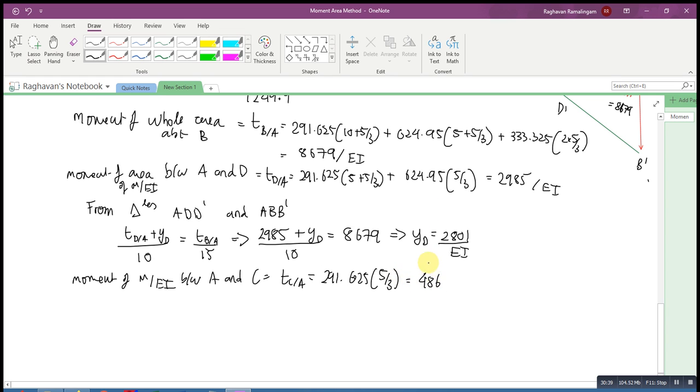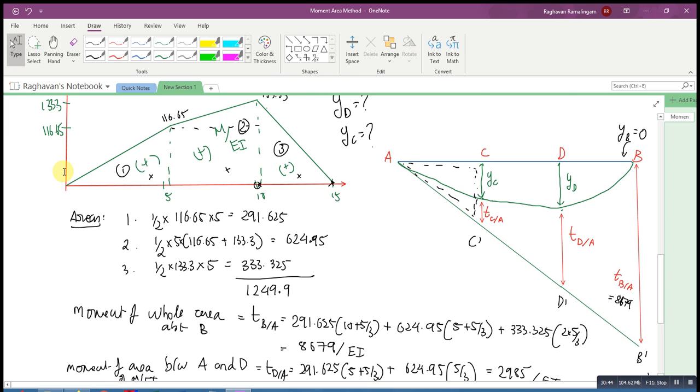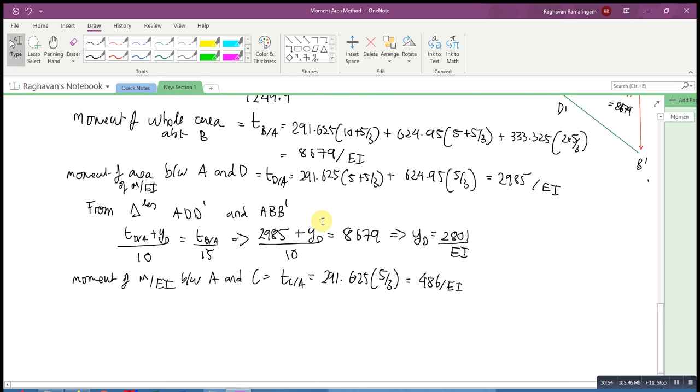Basically it is nothing but area number 1 times the distance from here to its centroid, because I've taken C now.